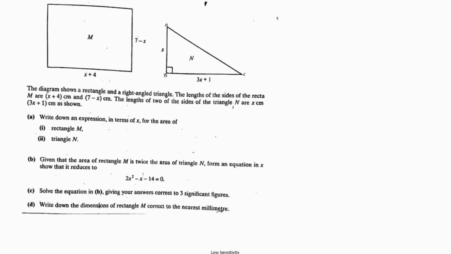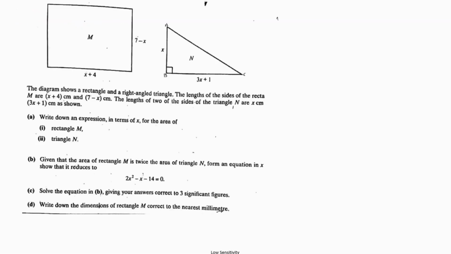Alright, so now the second question is that given that the area of the rectangle M is twice the area of the triangle N, form an equation in x, show that it reduces to 2x squared minus x minus 14 equals 0. So what do we want to show?